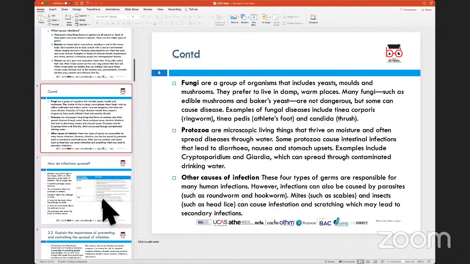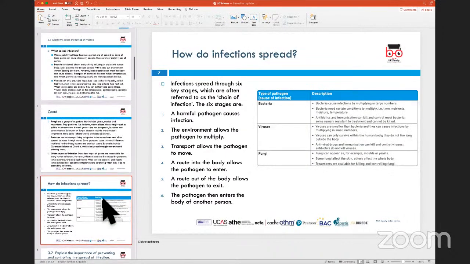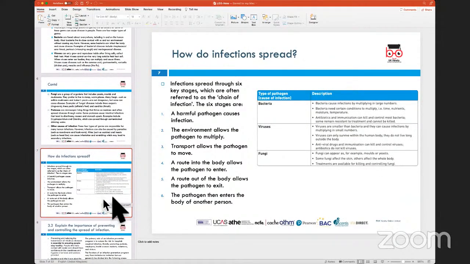Now, when we look at how infections spread, which is the main task that we are looking at, there are 6 stages through which your body will show some sort of reaction, and this is what will be termed as the spread of infection.